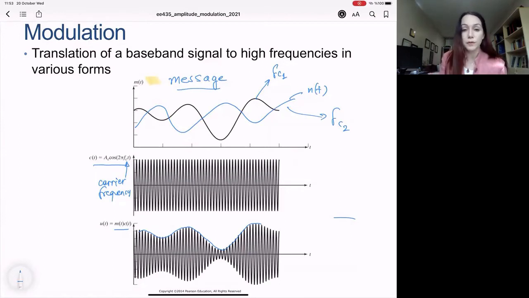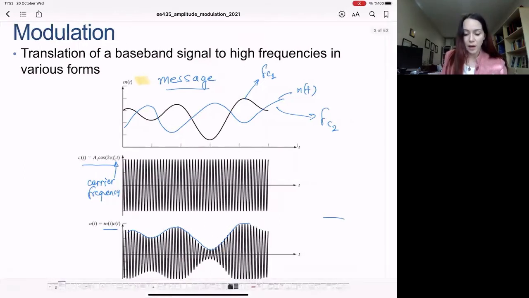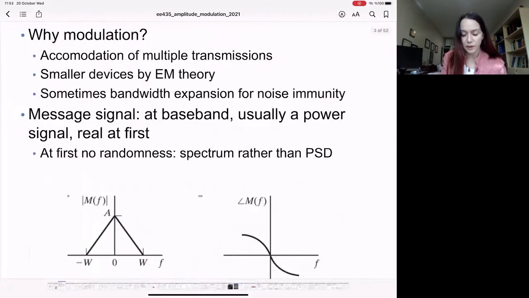There will be no loss of information. Okay, and we will definitely be seeing mathematically how to do this in a few minutes.